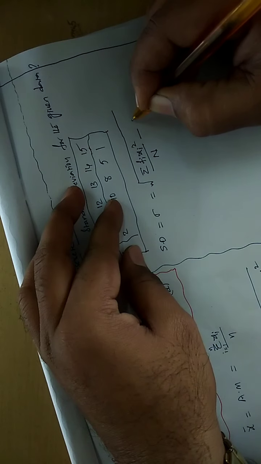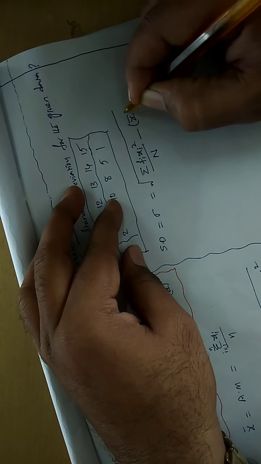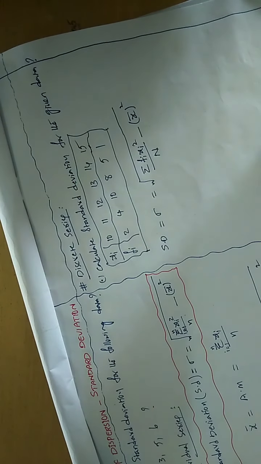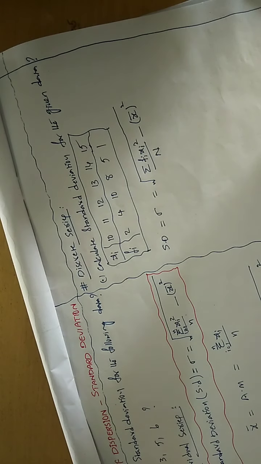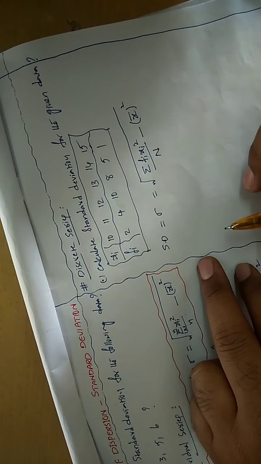Write here x bar only, x bar whole square. So this is the standard deviation under discrete series.